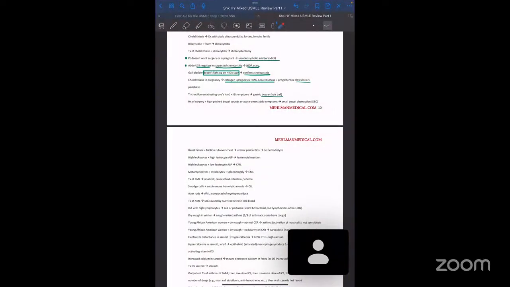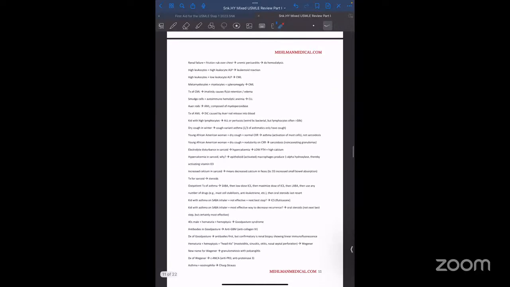Okay, we'll continue. So we said trichotillomania, eating one's hair plus GI symptoms, gastric bezoar, hair ball. History of surgery plus high-pitched bowel sounds or acute onset abdominal symptoms will lead to a small bowel obstruction. Next, page 11.